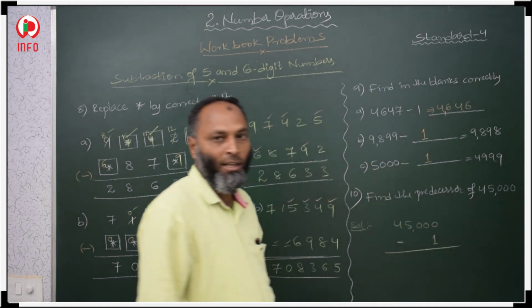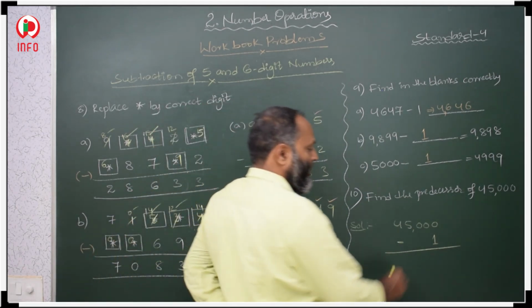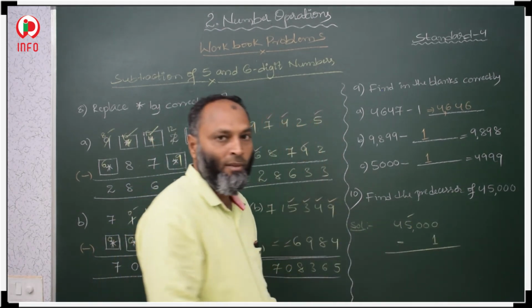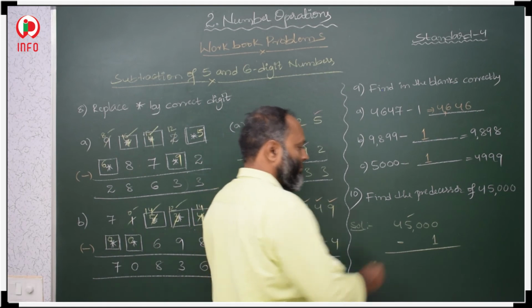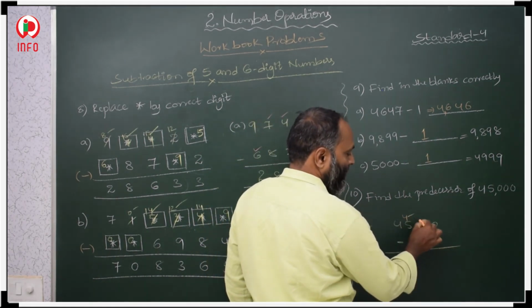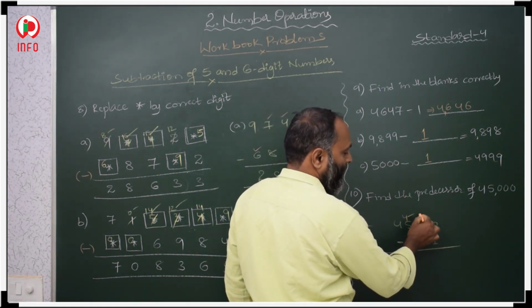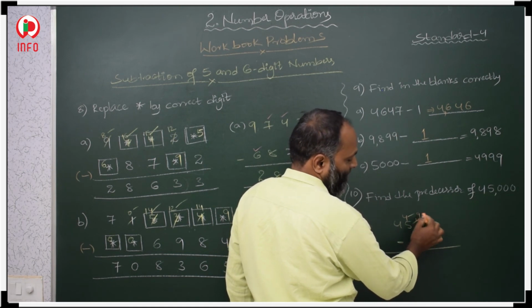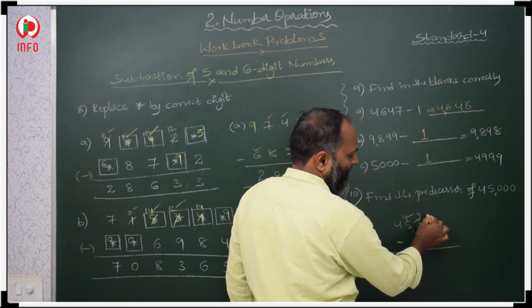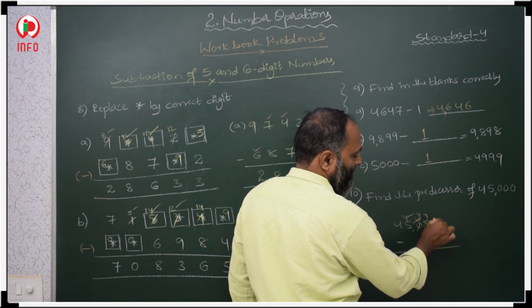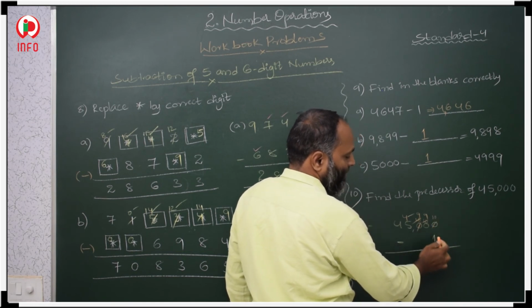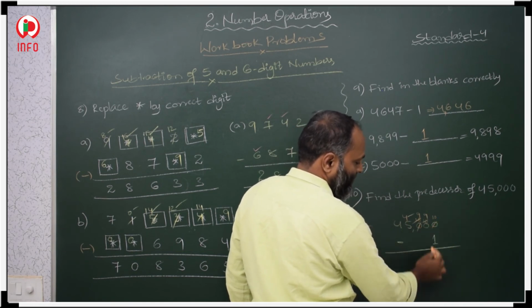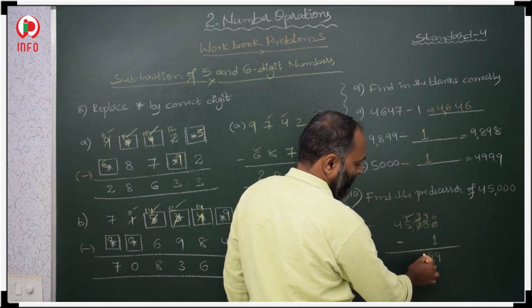We will get the predecessor. Now you take borrow from here. It will decrease by 1. Then here we will get 10. Again here it decreases by 1 and here we will get 10. Decrease by 1 and increase by 10. 10 minus 1, 9. In this row 9. In this row 9.